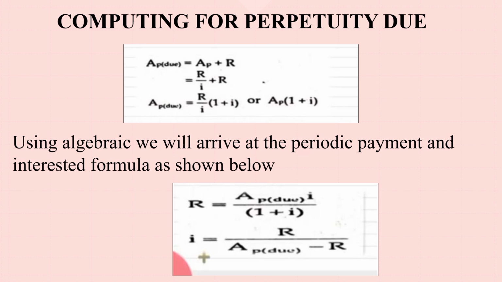R equals A sub P due times I over quantity 1 plus I. I equals R over A sub P due minus R.